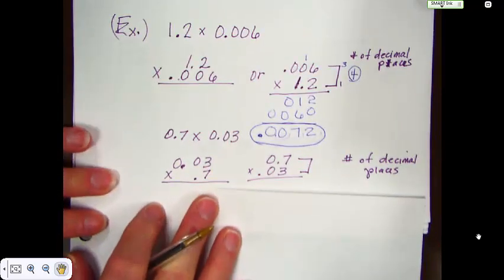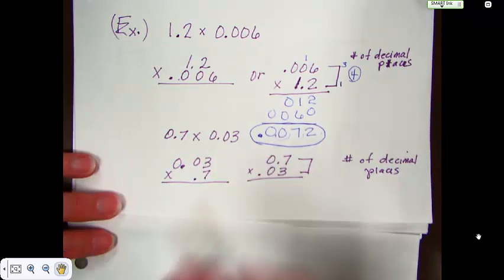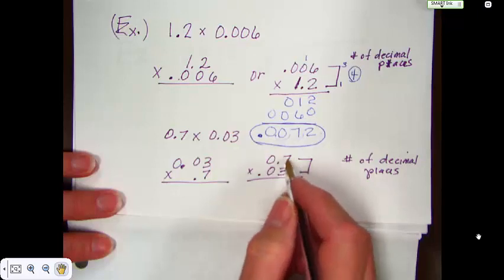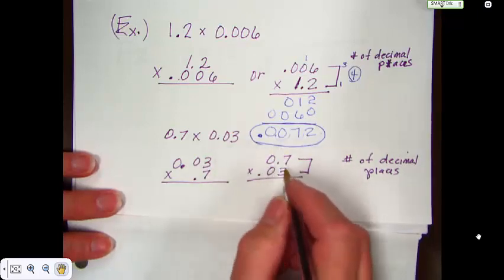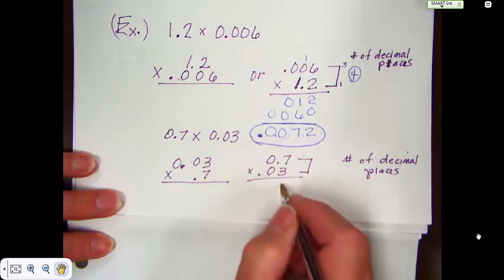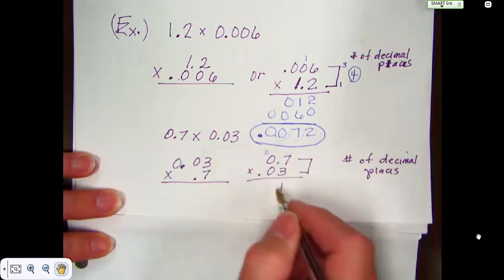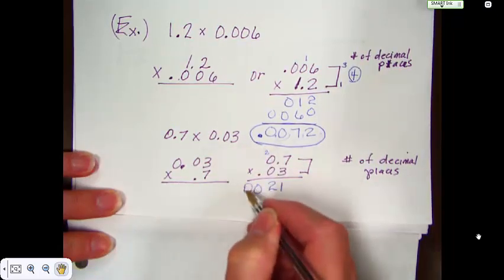It would be the same way down here, okay? When you look at this one, you've got 0.7 times 0.03. Again, either one of these probably works actually, but I'm going to do this one because it just seems to me like it works just as well. 3 times 7 is 21. Bring up the 2. 3 times 0 is 0. Plus 2 is 2. 0 and 0. Okay?